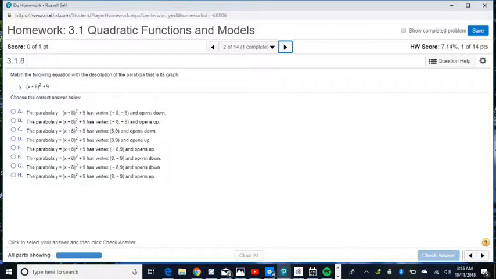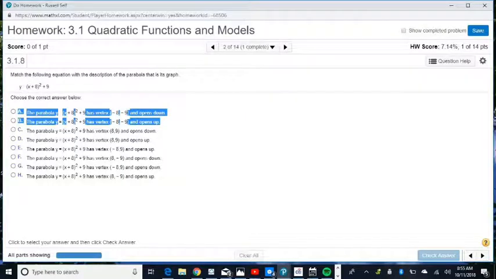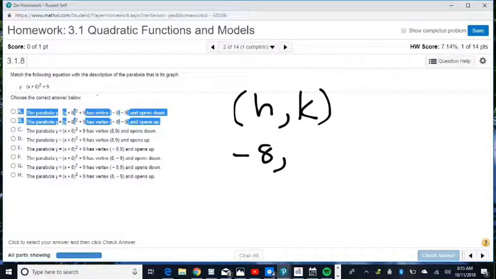Now, that's all they ask for in that particular question, but in others they're going to ask you for a series of questions. Let's look at this one. X plus 8 squared plus 9. So remember, we need our HK, where H is simply the thing that is inside the parentheses, but remember you're going to change its sign. Make sure you get them in the right order, and then the 9.